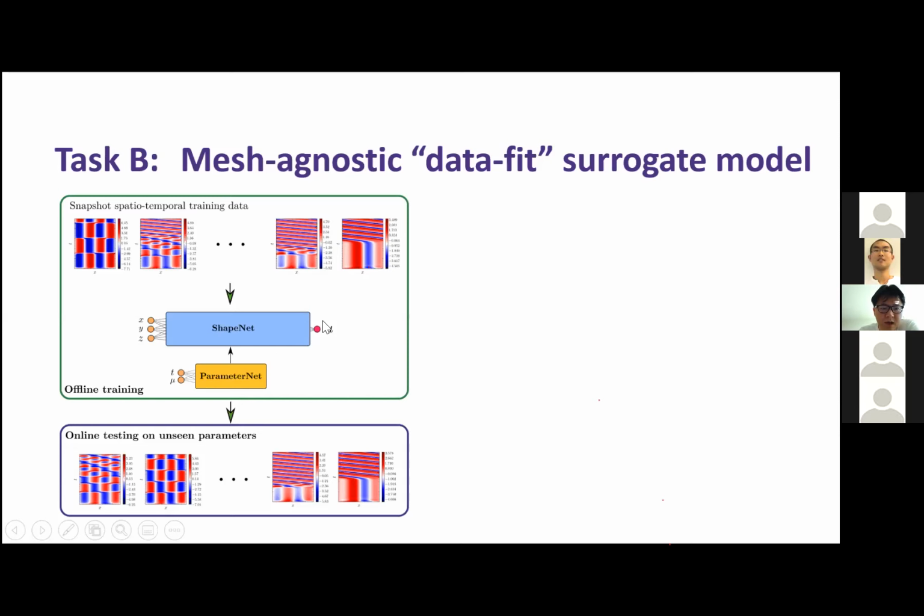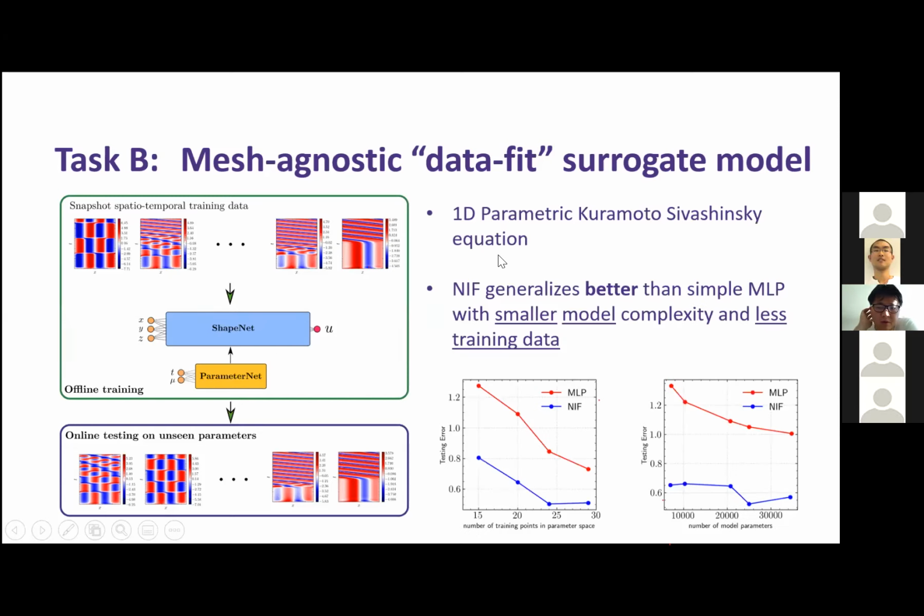As you can see here, I'm running a 1D parametric Kuramoto-Sivashinsky problem by varying the mu, basically the viscosity in the equation. When you vary the mu, you will see pretty interesting phenomena. Here is the space-time plot of the solution field.